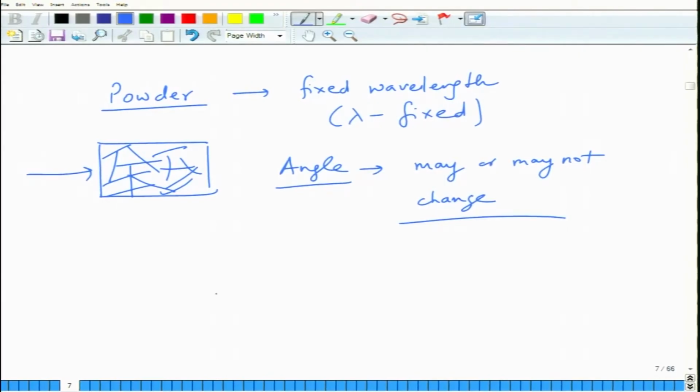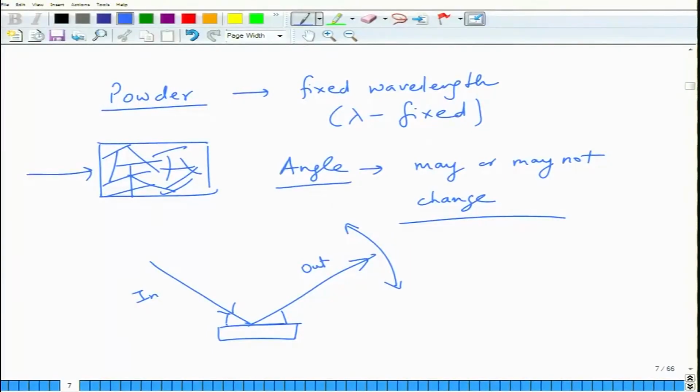So, if this is your incoming X-ray beam, if this is your sample, if this is your detector, so this is in, this is out. If the sample is a single crystal and you move the detector in this direction, normally your beam is fixed, you will not get much diffraction, only from those planes which are favorably oriented, not from anything else.